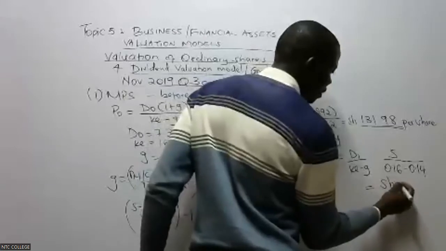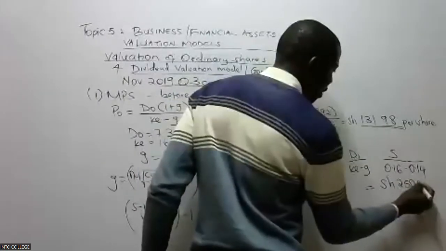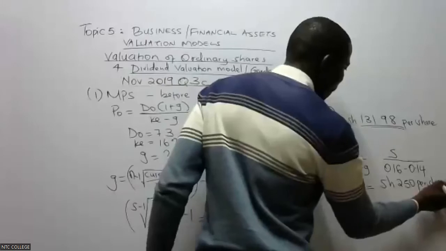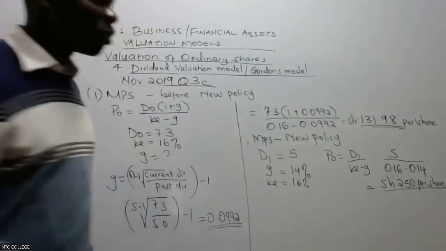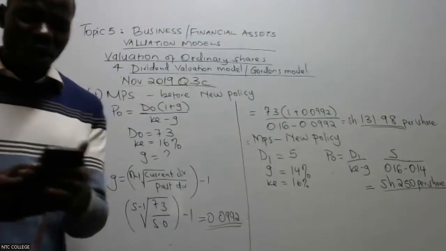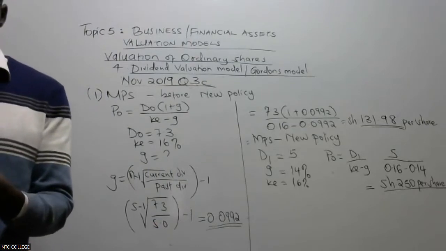So here we are having 250 per share. That is the second part of the question. I believe we are all together to that point.